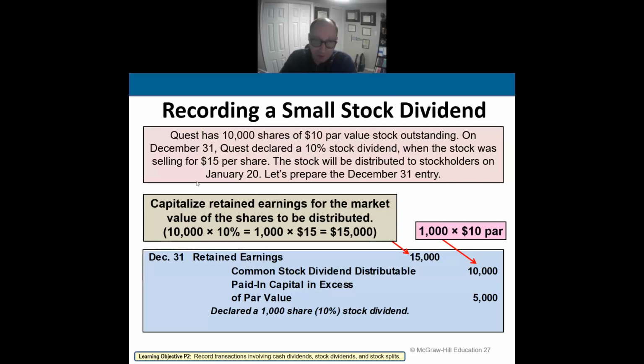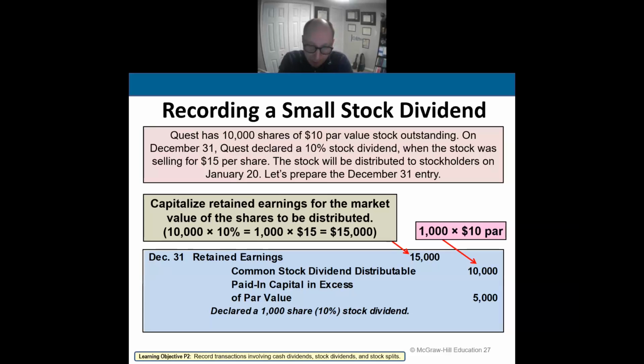So of course, there's some recording that needs to happen when a company decides to issue a stock dividend instead of a cash dividend. When a company decides to issue a stock dividend, they debit retained earnings, credit common stock dividend distributable.